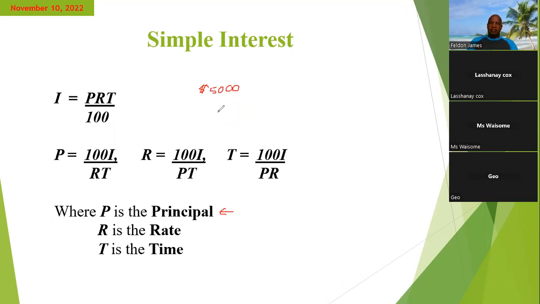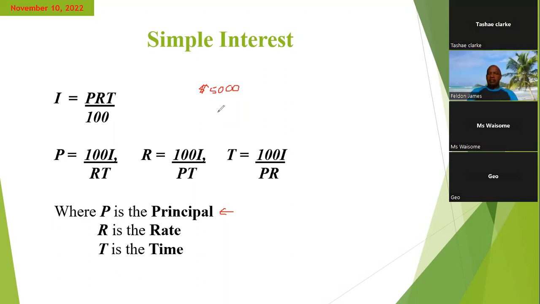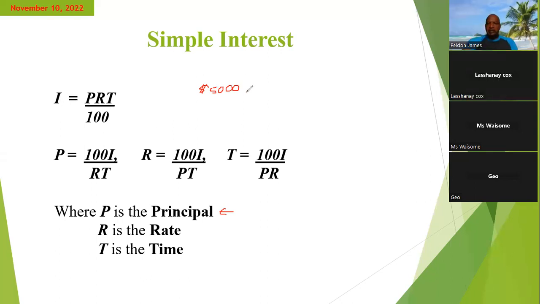Sir, would it be the 20 over 100 times the 5,000 over 1? Yeah, so you would calculate 20%, and what that would be, you would have to find 20% of the 5,000, because that's what your interest will be. All right, you find 20 over 100, right? Yes, sir. And then now you do the calculation.